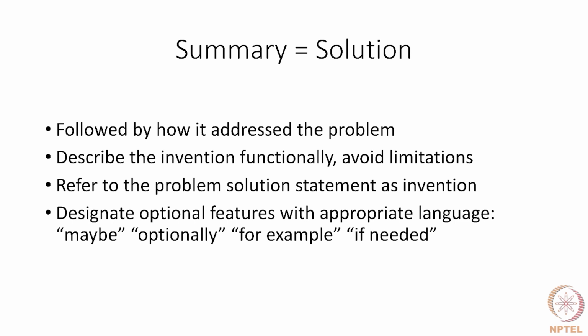So you bring those variants so that it's very clear that the main claim is covered in a crisp summary statement, and everything else that you regard as an optional feature is described with appropriate language.